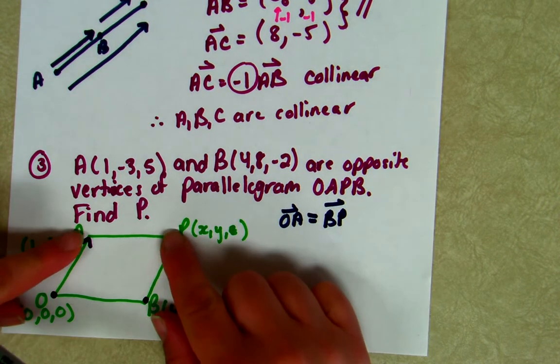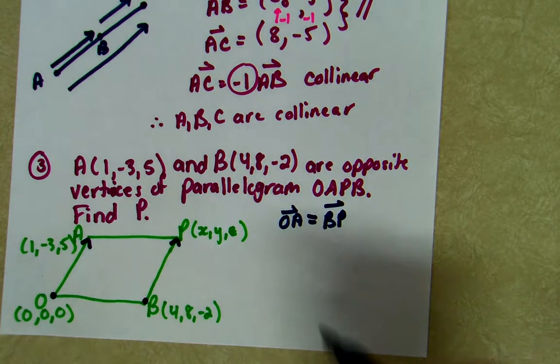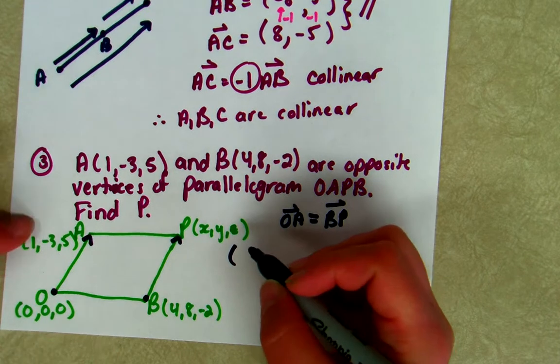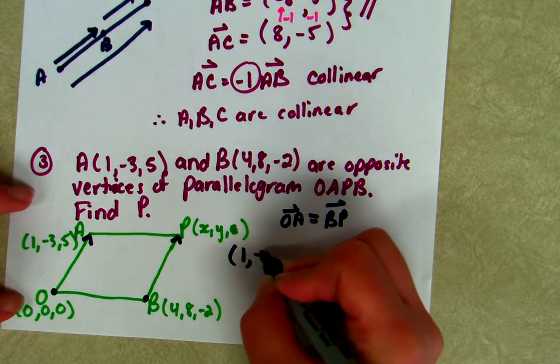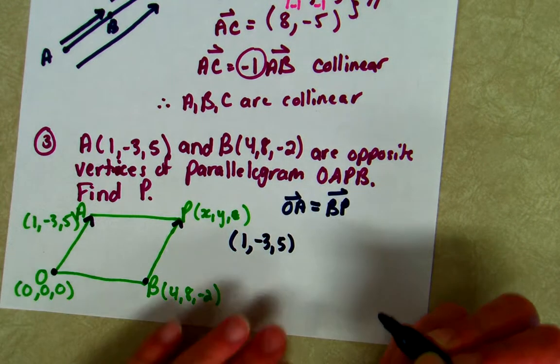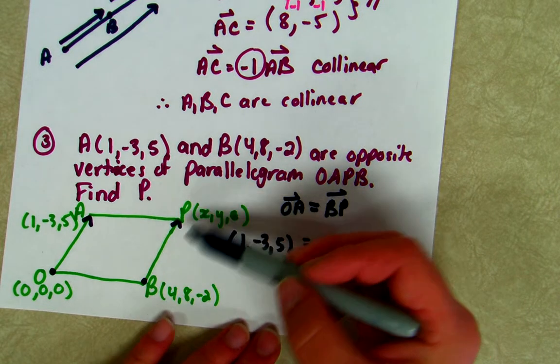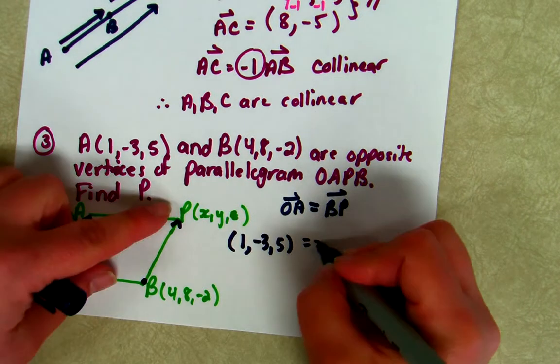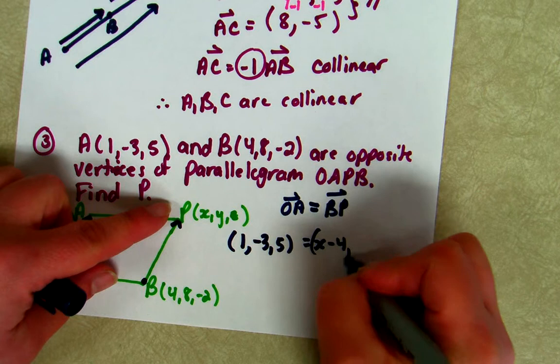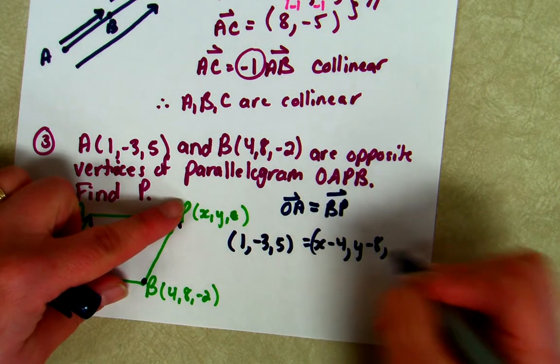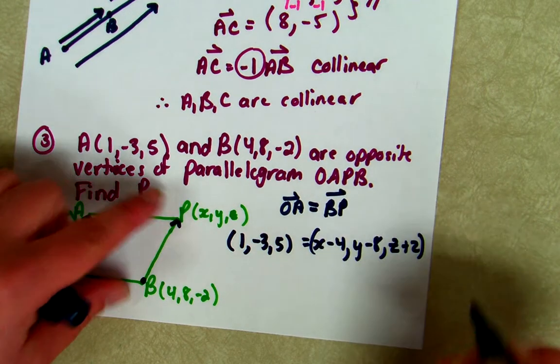I want to create 2 identical vectors. Vector OA is just A subtract O, but because O is the origin, it just becomes A. The vector BP is P subtract B, so it's going to be x minus 4, y minus 8, and z plus 2.